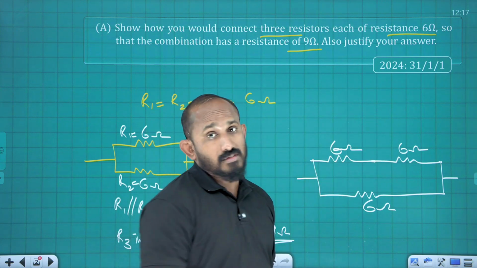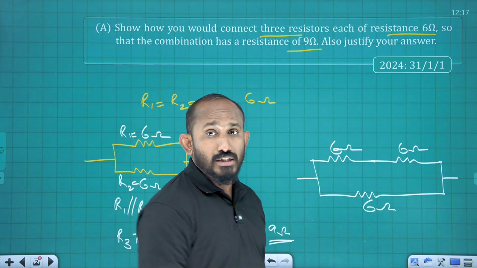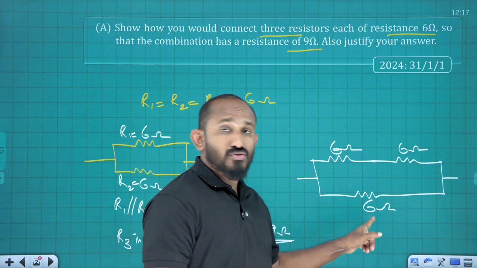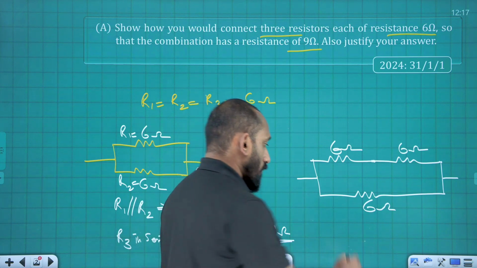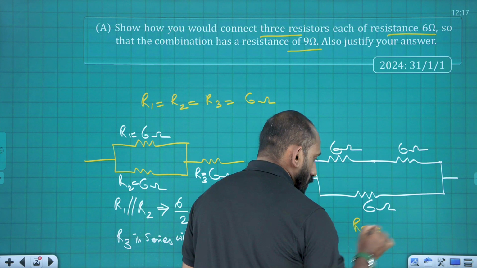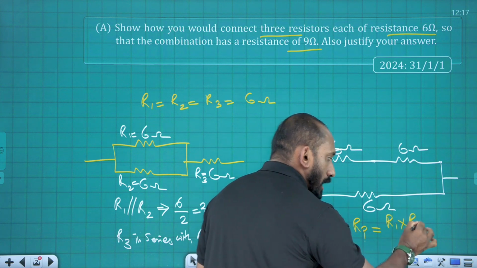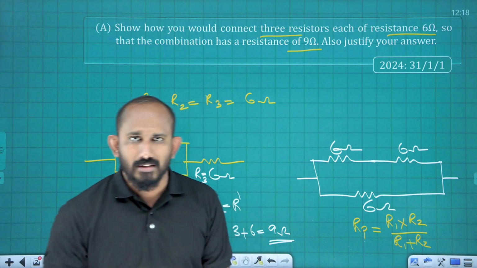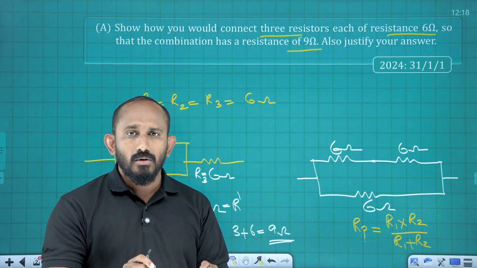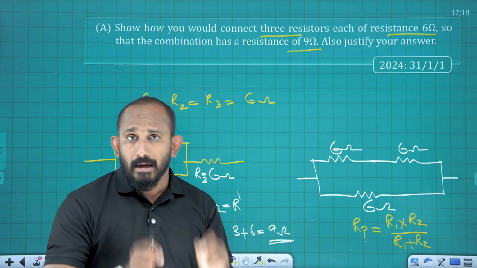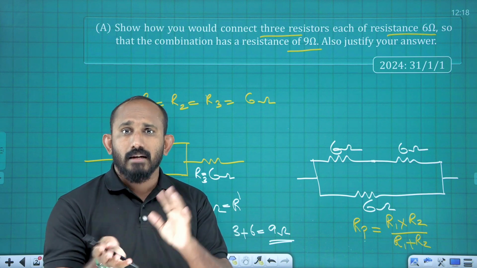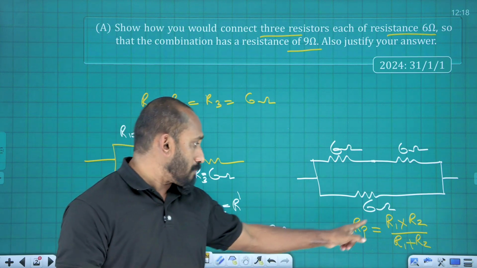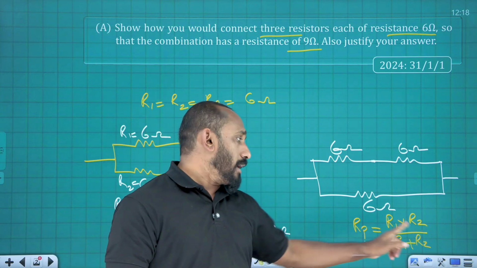6 and 6 in series give 12 ohm total. And this 6 ohm is in parallel. So we have Rp equal to R1 into R2 divided by R1 plus R2, one of the shortcuts. 1 by Rp is equal to 1 by R1 plus 1 by R2. If you take the LCM and reciprocal, then Rp is equal to R1 into R2 by R1 plus R2.